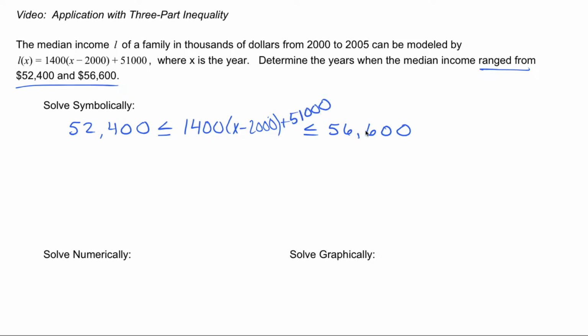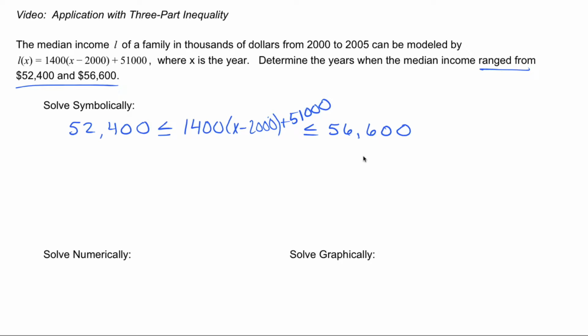So instead of solving one inequality where it's greater than or equal to 52,400 and a separate inequality of less than or equal to 56,600, we know it has to be between these, so we can set up this three-part inequality. That's what this is useful for.